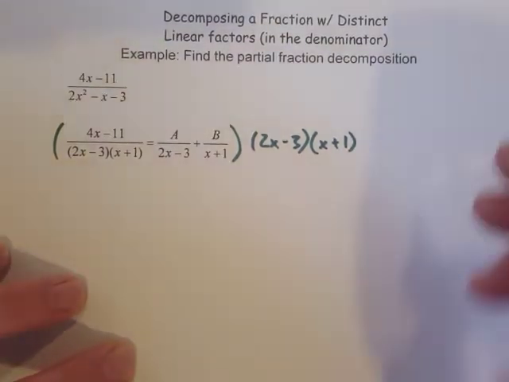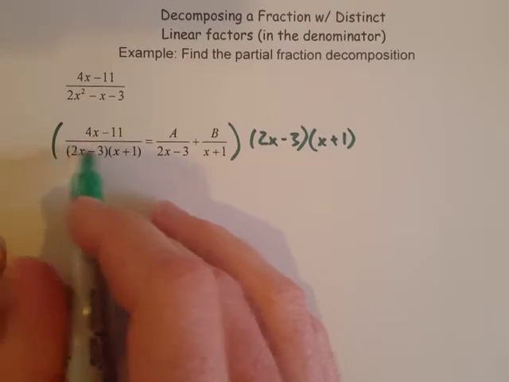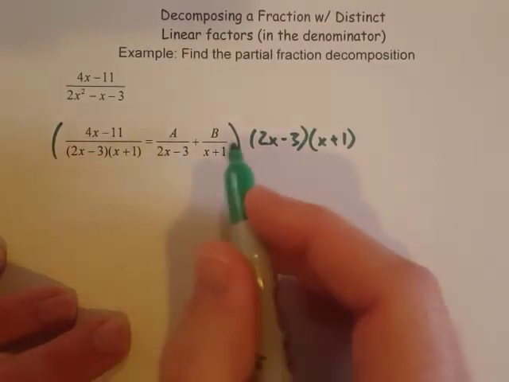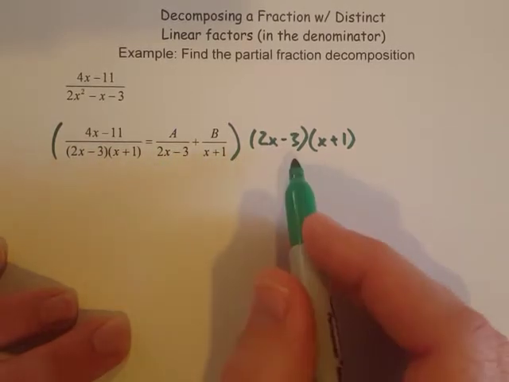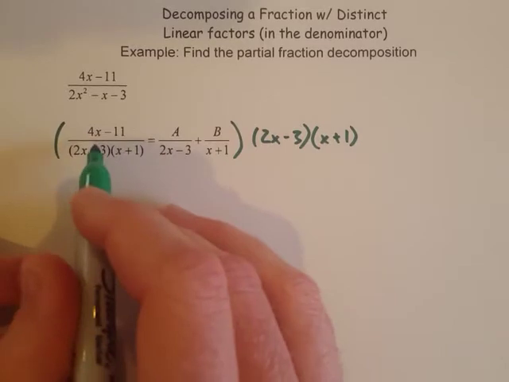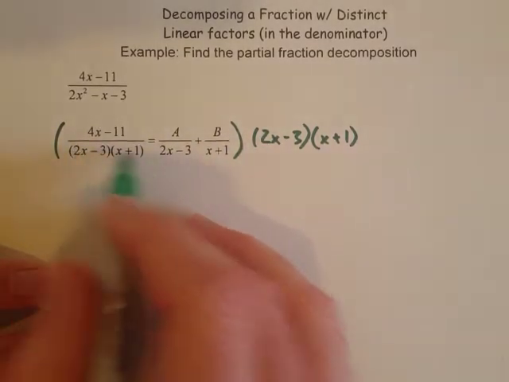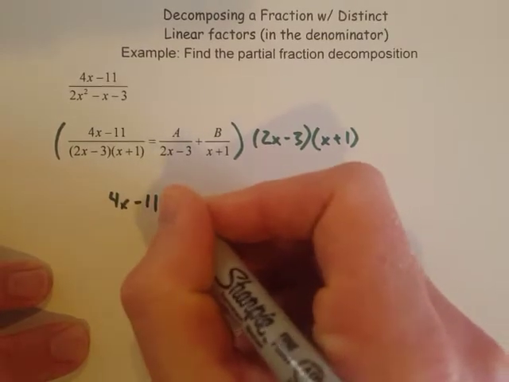In doing this, it's going to eliminate certain things on each side of the equation. Over here, it's going to get rid of the entire denominator. Over on the right-hand side, it's going to get rid of one of the denominators on each one. So let's start over on the left-hand side. We get rid of the entire denominator. What we'll have is just 4x minus 11.